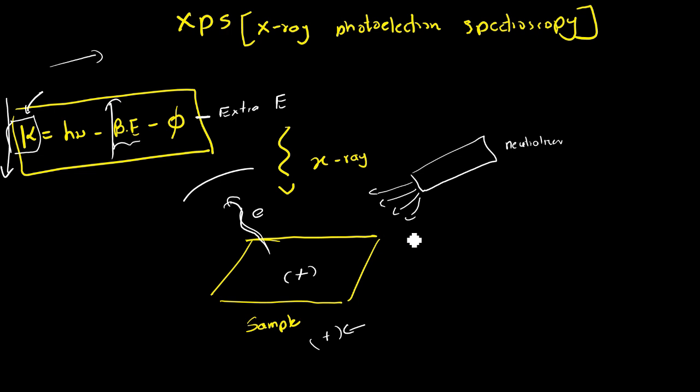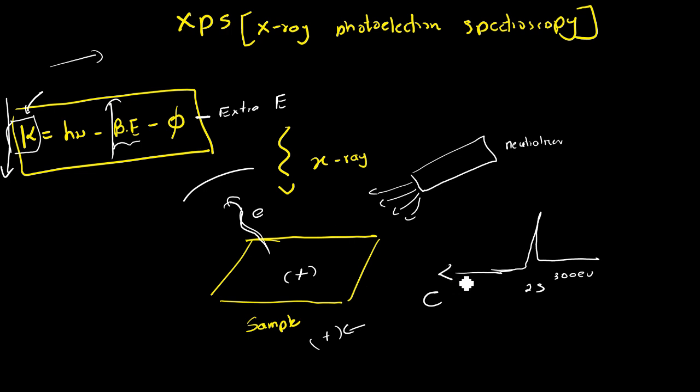As an example, let's say you have a carbon surface and this is the peak which we have for the carbon 2s electrons. Let's say it's at like 300 electron volts. Just an assumption, I can't remember the exact value. For now, just hang on with the value. Now when you have a positively charged surface, kinetic energy is low, so our instrument will think this electron has higher binding energy.